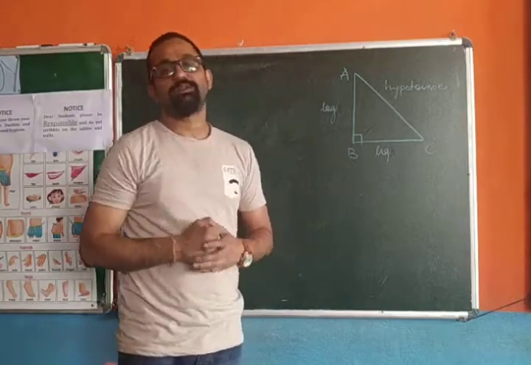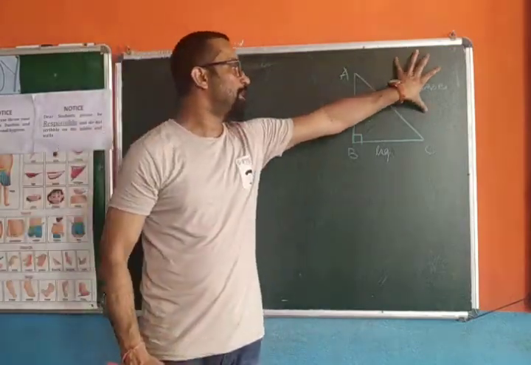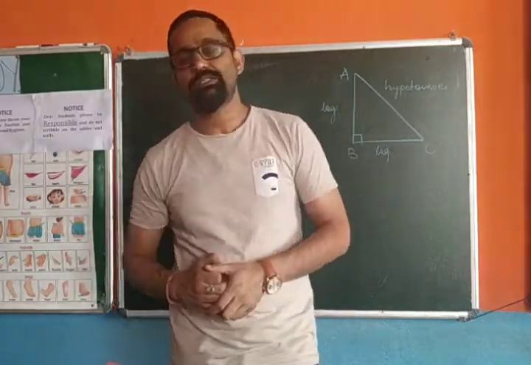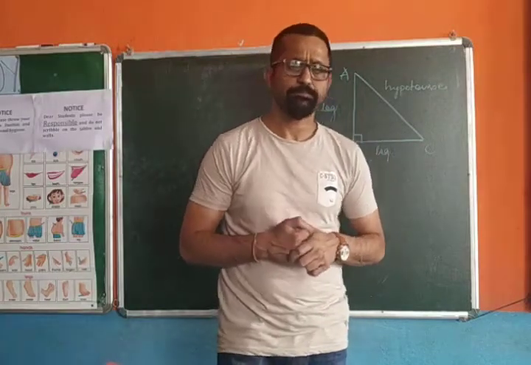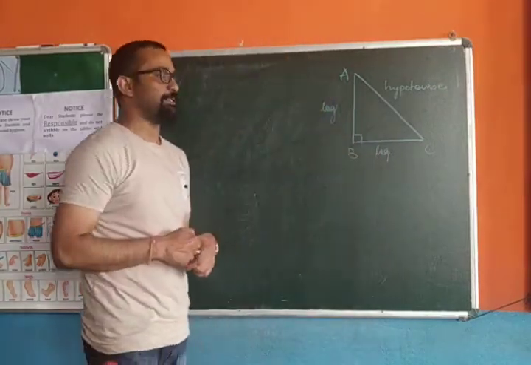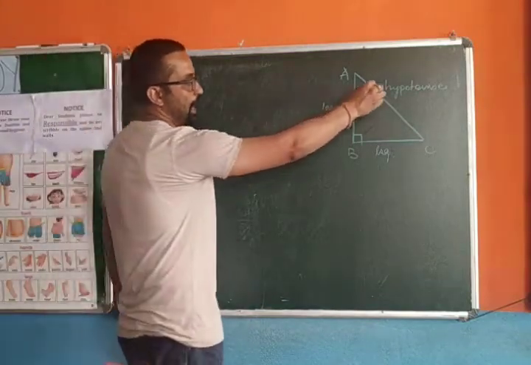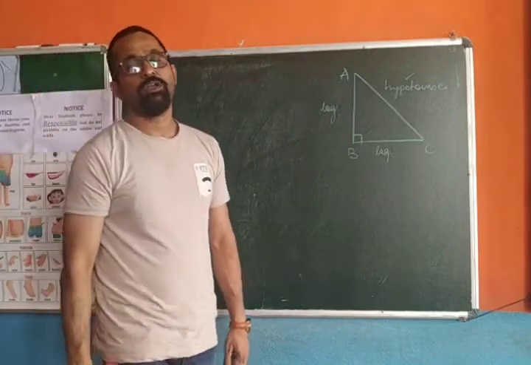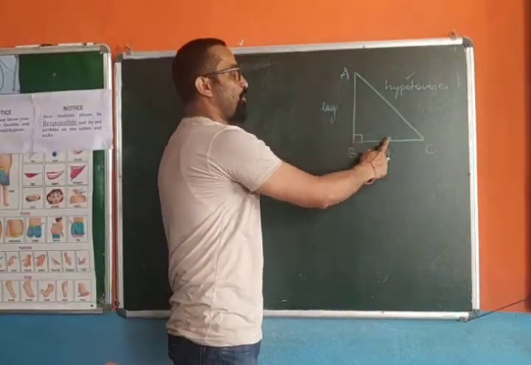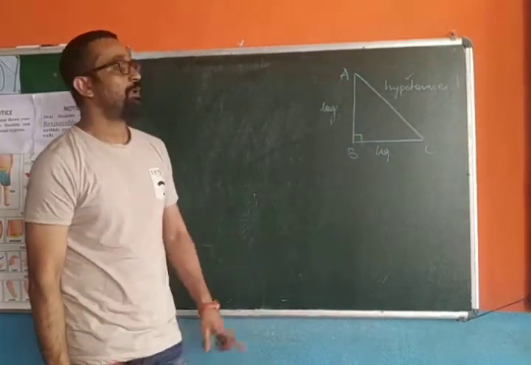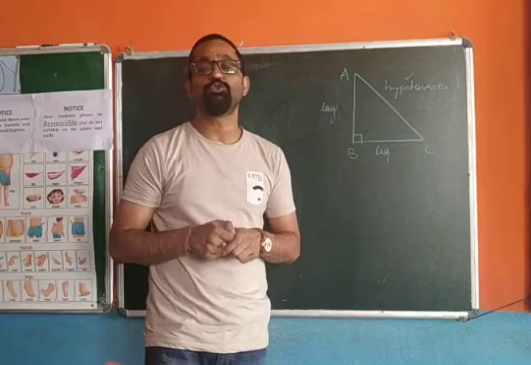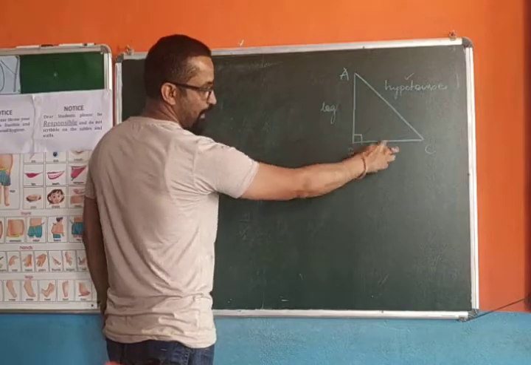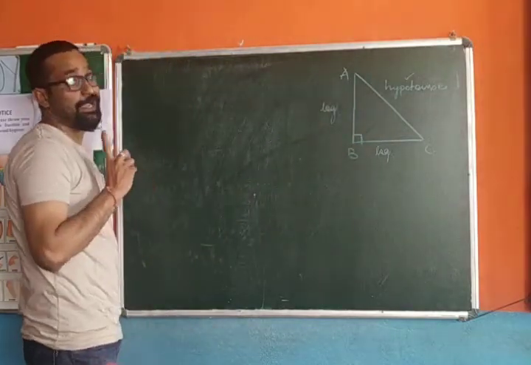And Pythagoras gave a property relating these sides of the triangle, known as Pythagoras property. Pythagoras theorem states that the square of the hypotenuse is always equal to the sum of the squares of the other two sides. If you look at the diagram here, ABC is a right angle triangle.